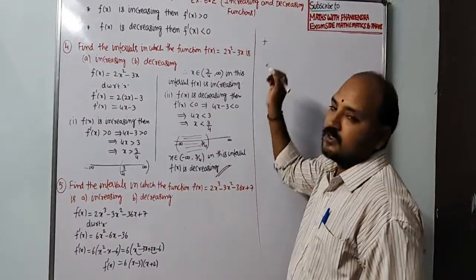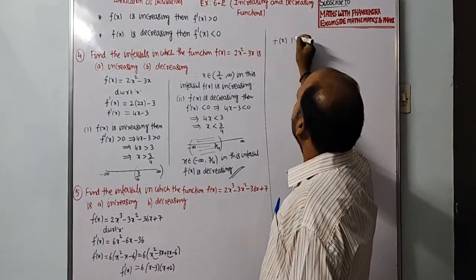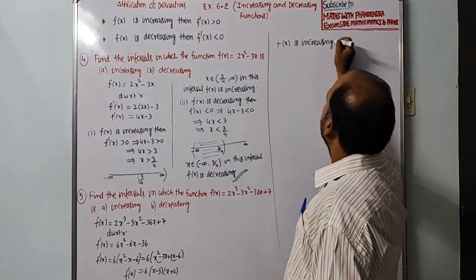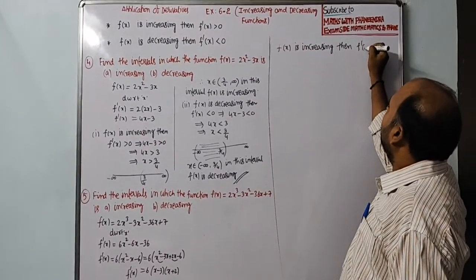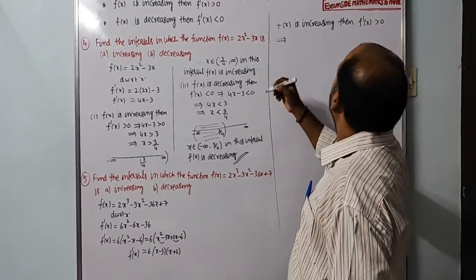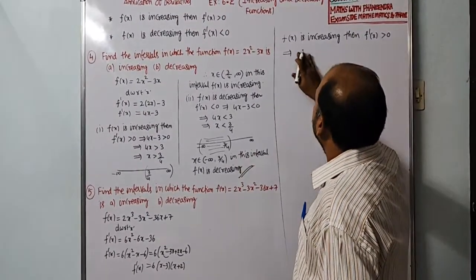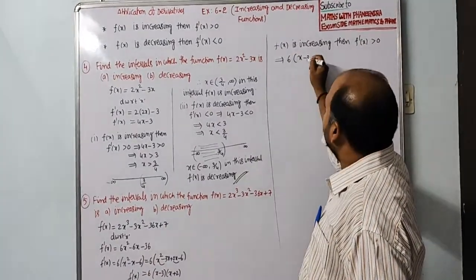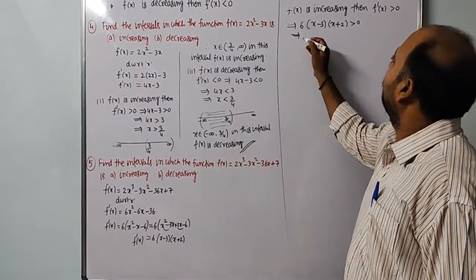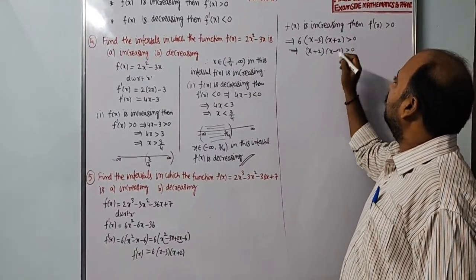So f of x is increasing. Then f dash of x is greater than 0. That implies 6 into x minus 3 into x plus 2 is greater than 0. 6 bring this side, x plus 2 into x minus 3 is greater than 0.